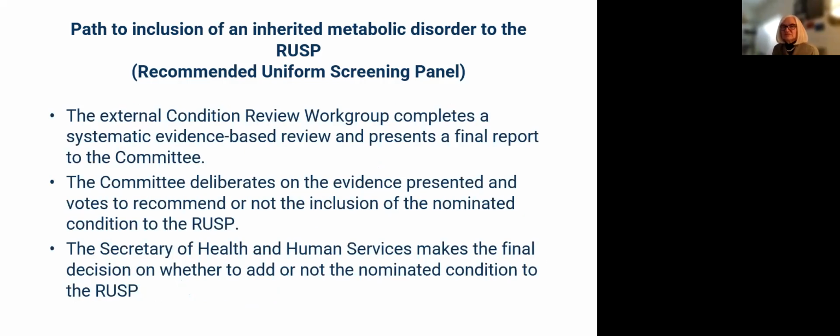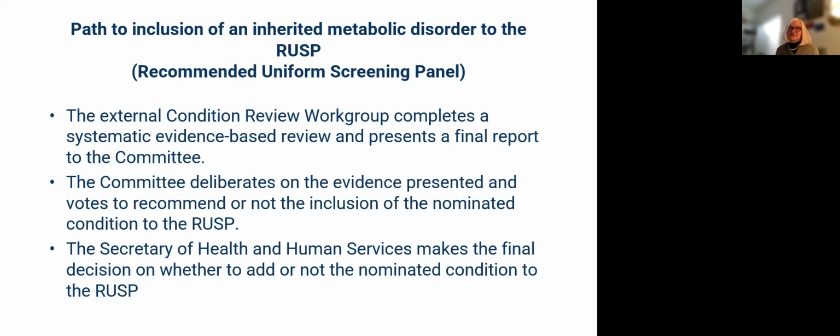Next. So once the external condition review work group completes a systematic evidence-based review, they present the final report to the committee, which then deliberates on whether or not this new condition needs to be included on the RUSP.